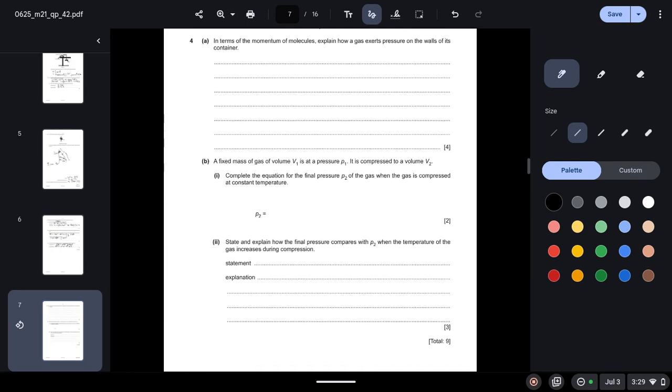Question 4. In terms of the momentum of molecules, explain how the gas exerts pressure on the walls of its container.